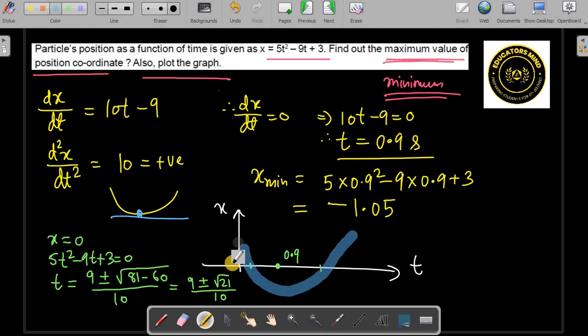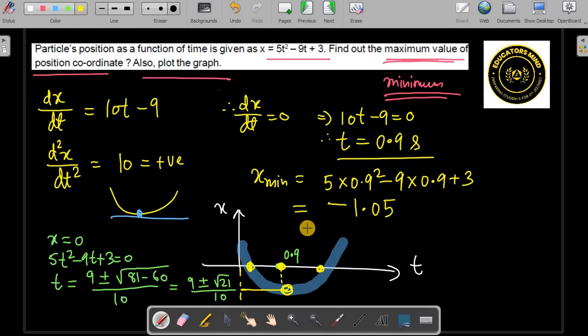It's a parabola, and the minimum value happens, and the minimum value is negative. So you can see here this will be the minimum value happening at 0.9 second. It will be cutting the axis at 2 points. For those 2 points there will be zero displacement, okay, fine.